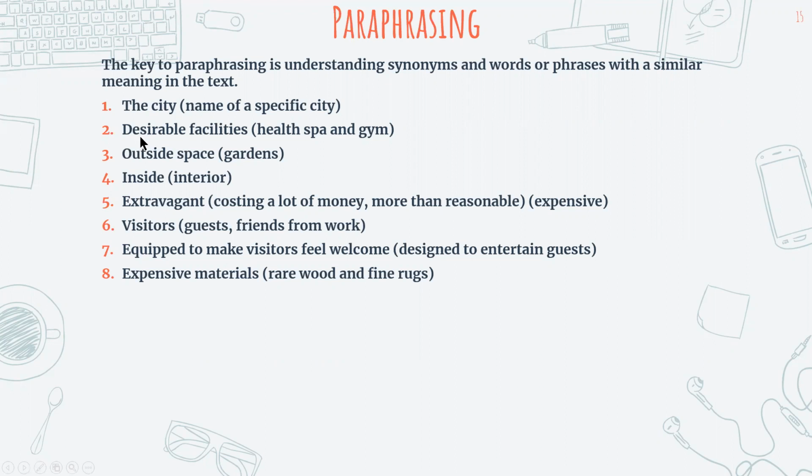The text could be talking about desirable facilities. The question could have words such as health, spa, and gym. Outside spaces or space could mean gardens, right? Inside the building, it could be interior design or something. Okay.